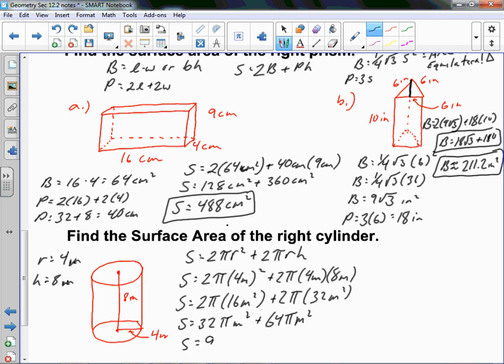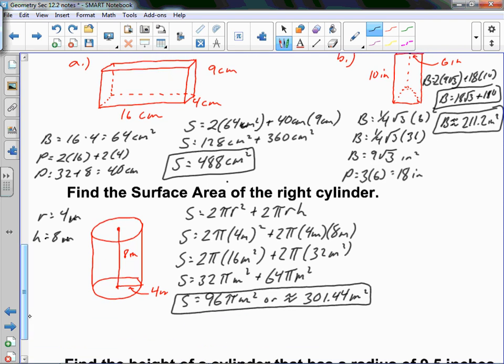So in terms of pi, it's 96 times pi meters squared. Or if you were to actually multiply that out, it would be approximately 301.44 meters squared. The .44 is rounded because remember pi is a never-ending decimal.